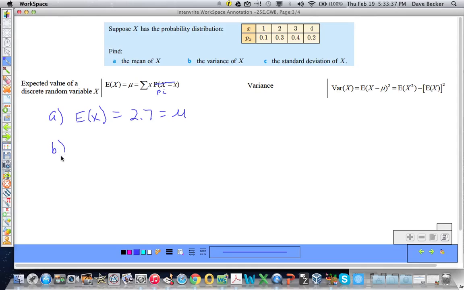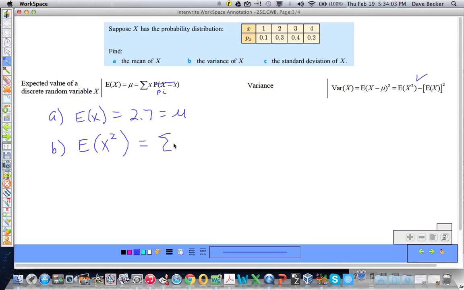So what are we going to do about the variance of x? We are going to use this formula right here. So we have to find the expected value of x squared. We already have the mean, it's 2.7. So the expected value of the random variable x squared is equal to the sum of x sub i squared times p sub i, the probability that X equals little x.